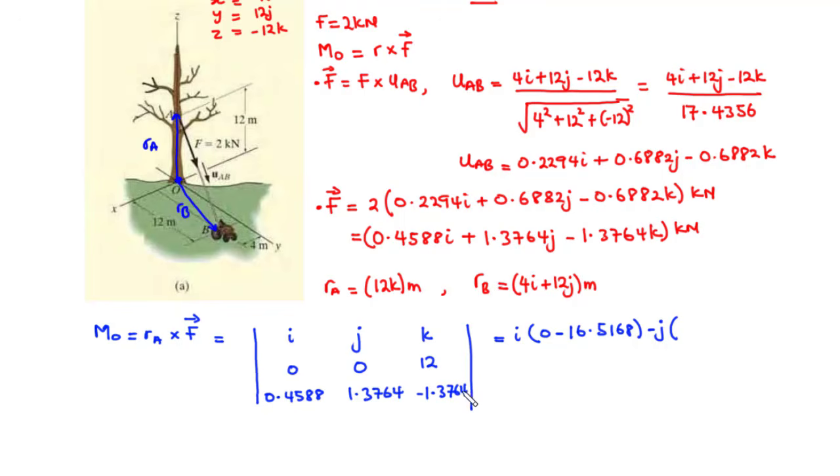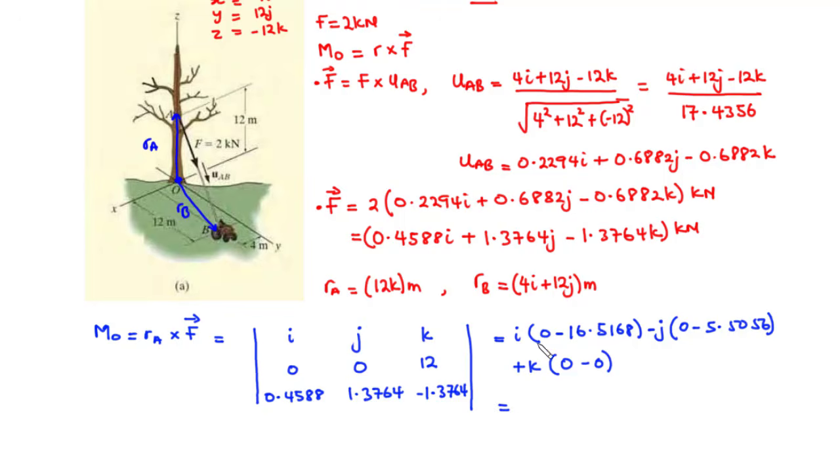We multiply this value by 0, that is still 0, minus 0.4588 times 12, which gives 5.5056. Then plus k. We select k, cancel the row and column containing k, multiply this value by 0, that is 0, minus this value also by 0, so we simplify.